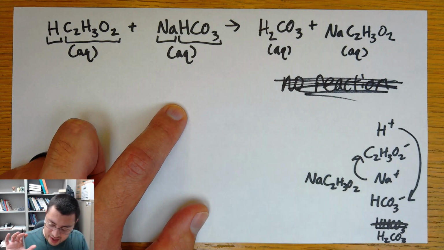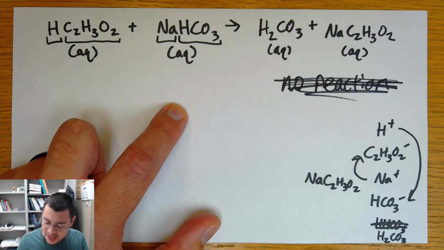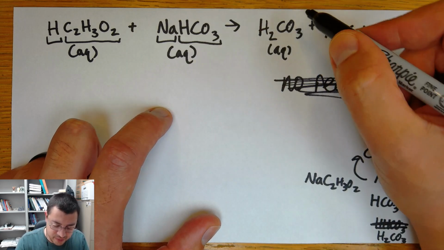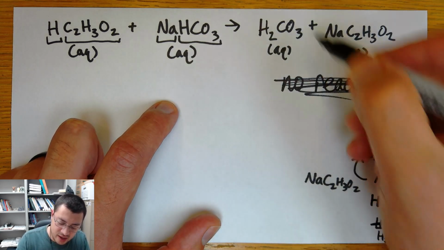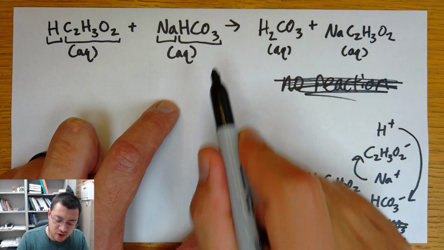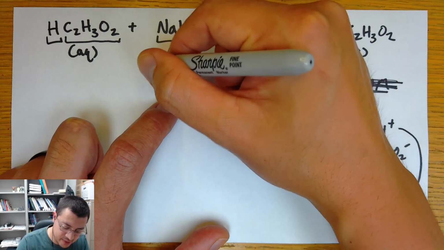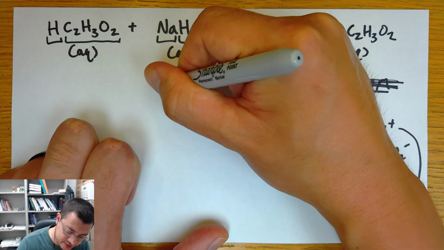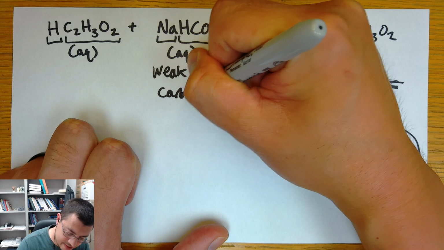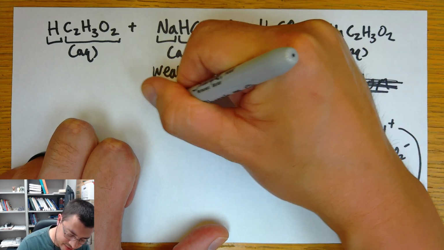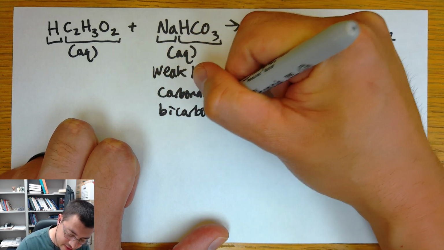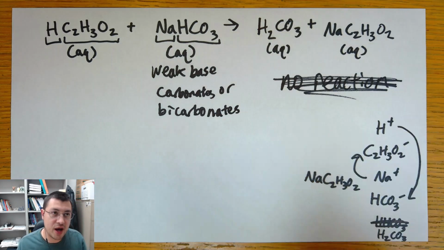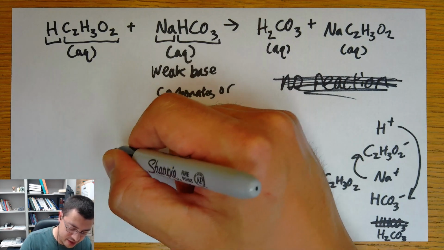So, when it comes to reactions with carbonates or bicarbonates, and here we have a bicarbonate, in acid-base reactions involving the weak base of carbonates or bicarbonates, you are going to form carbonic acid. Okay, so let's write that down.